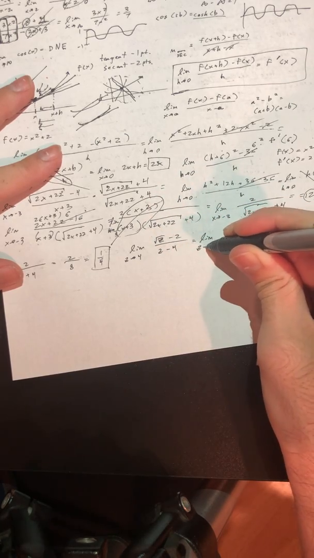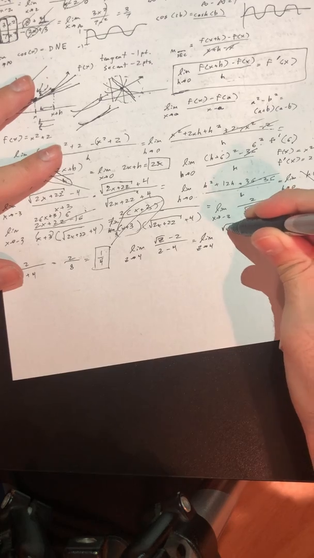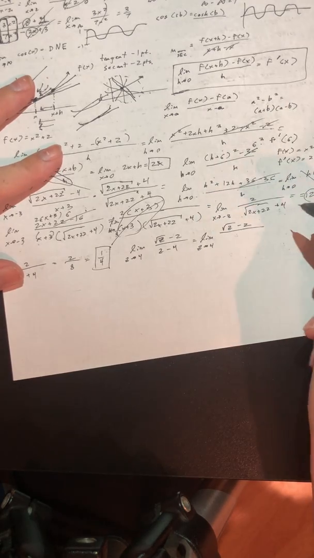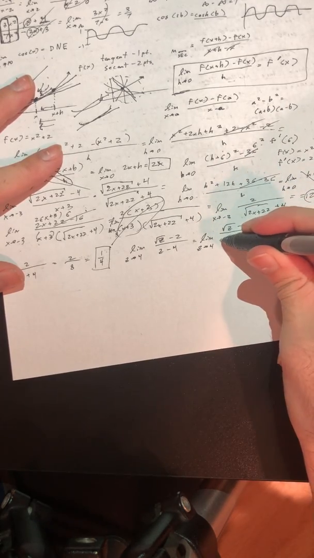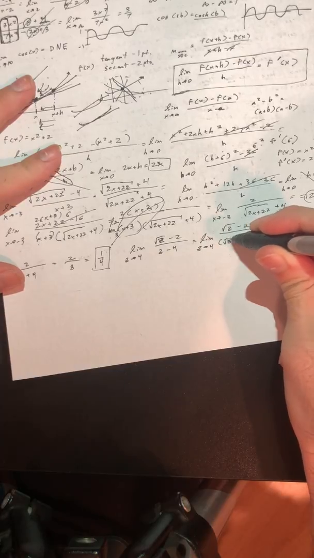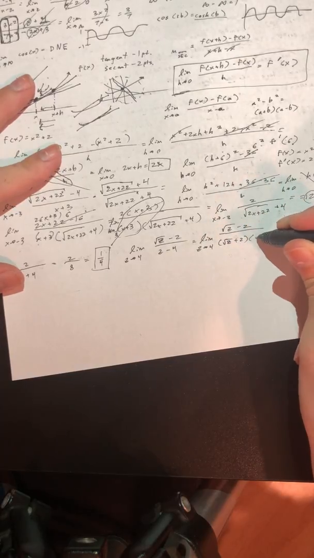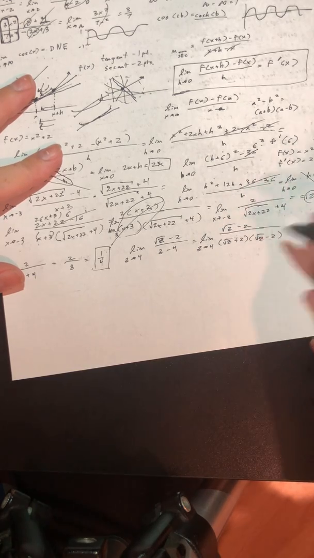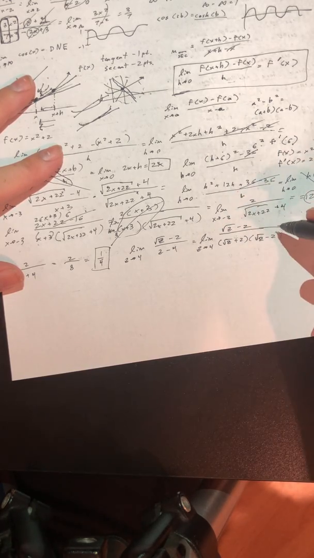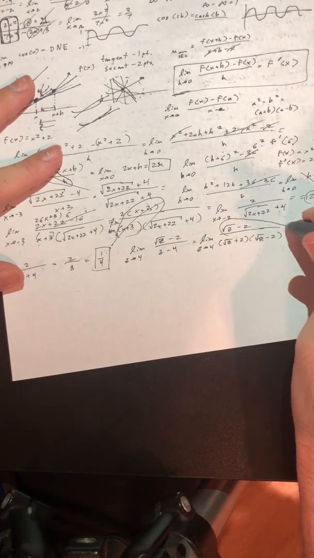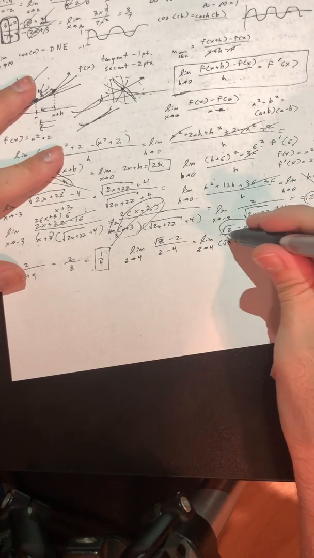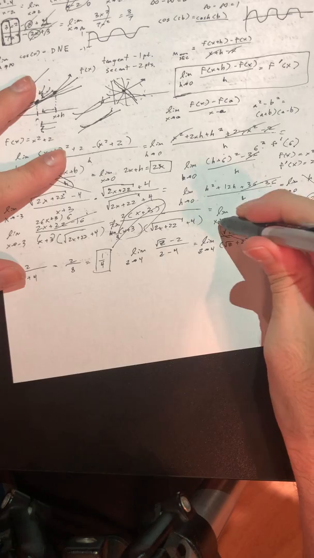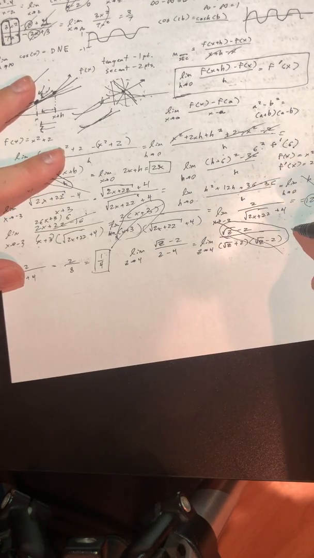Limit as z approaches 4 of the square root of z minus 2 over, now z minus 4 can actually be written as the square root of z plus 2 times the square root of z minus 2. If you don't believe me, FOIL it out for yourself and see. Again, this factor is what's causing our limit to be in the form 0 over 0, so bye-bye, it's gone.